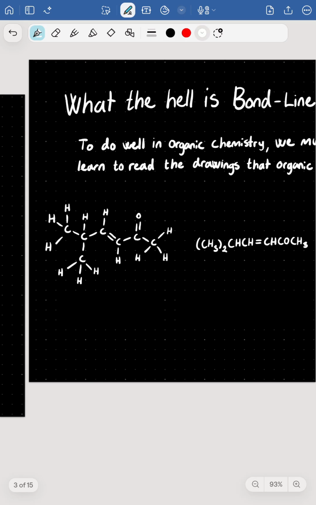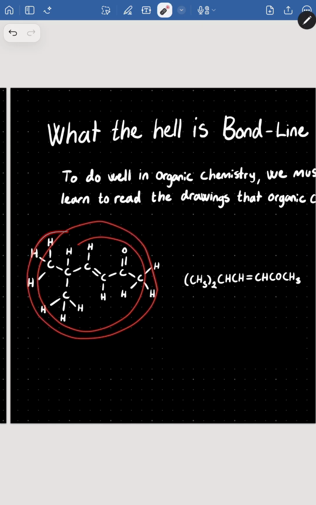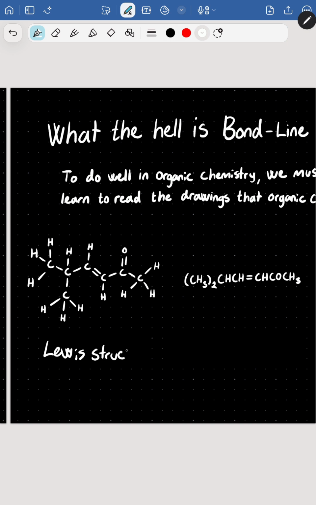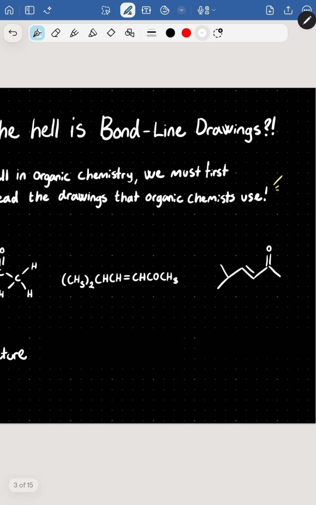So, we like to call this one right here a Lewis structure. This, on the other hand, is called a condensed structure.